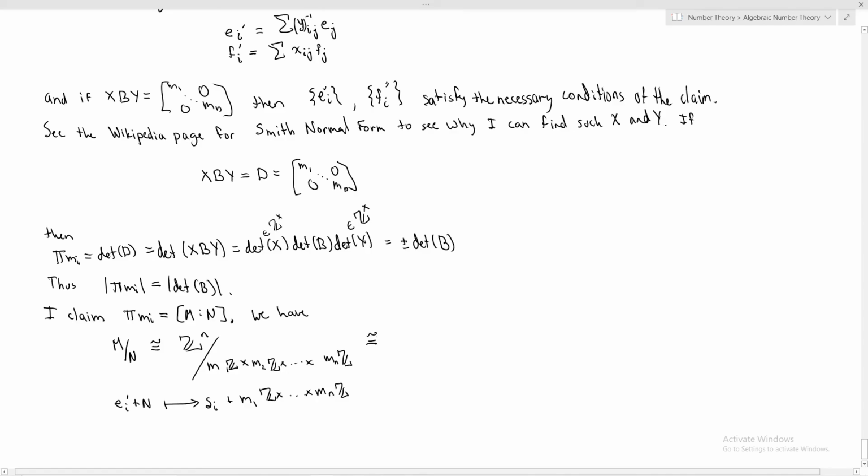And this is isomorphic to Z mod m1Z cross ... cross Z mod mnZ. So essentially I can split up this quotient of products into a product of quotients.